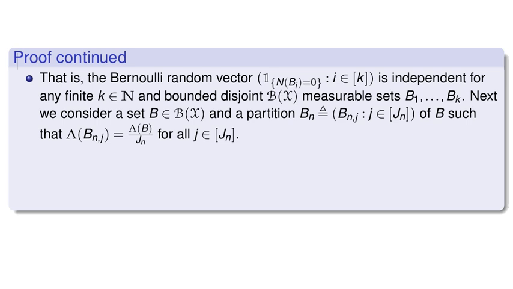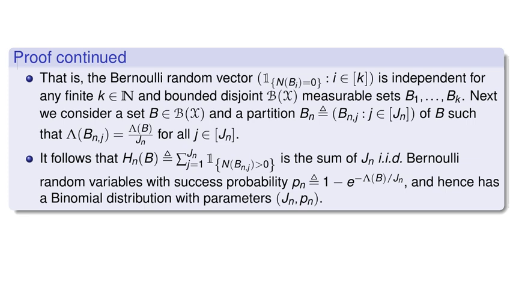Next, let's consider a set B in script B of script X and a sequence of partitions Bn of B. Each partition Bn consists of Jn sets Bnj such that lambda of Bnj equals lambda of B divided by Jn for all j from 1 to Jn.